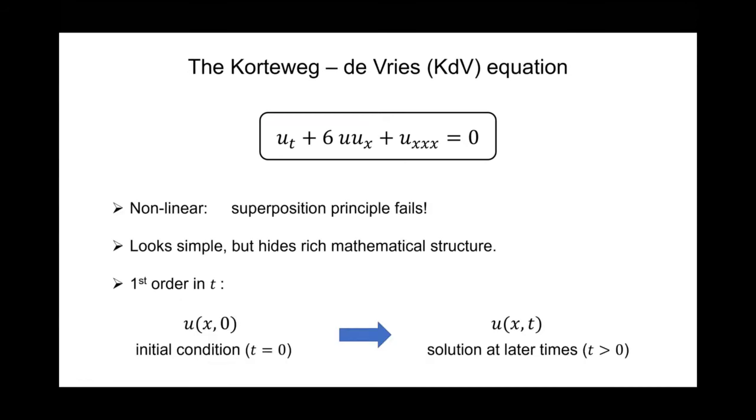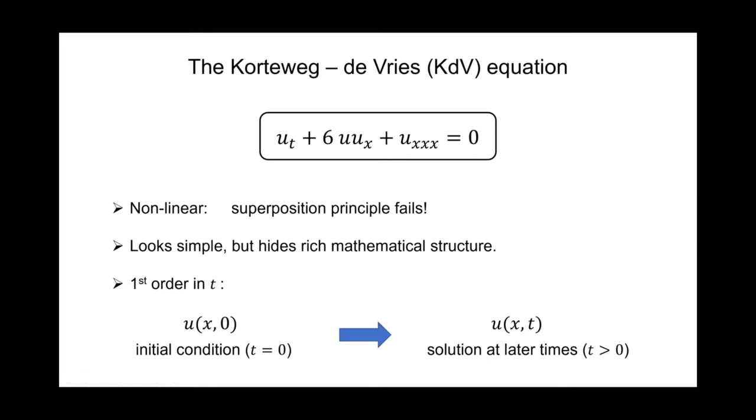Let's stare at the KdV equation a bit more. The first thing to notice is that the second term here contains u, the field, which measures the height of the water, times its first partial derivative u_x. So in particular, we see that the KdV equation, because of this second term, is nonlinear. That means that the superposition principle fails.